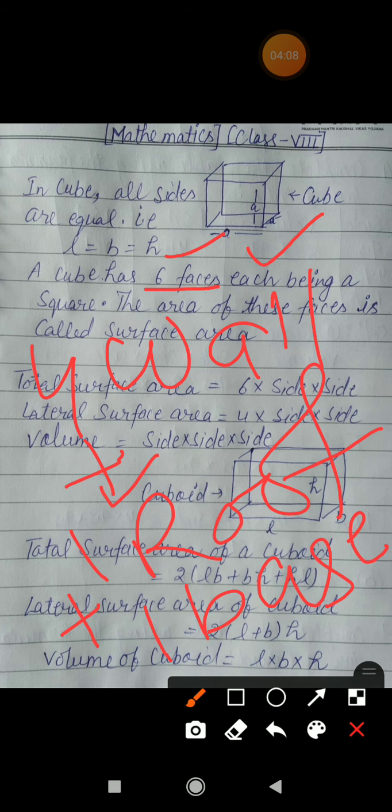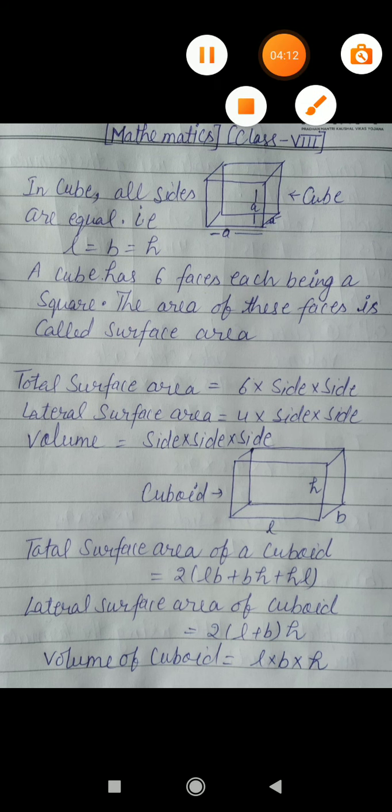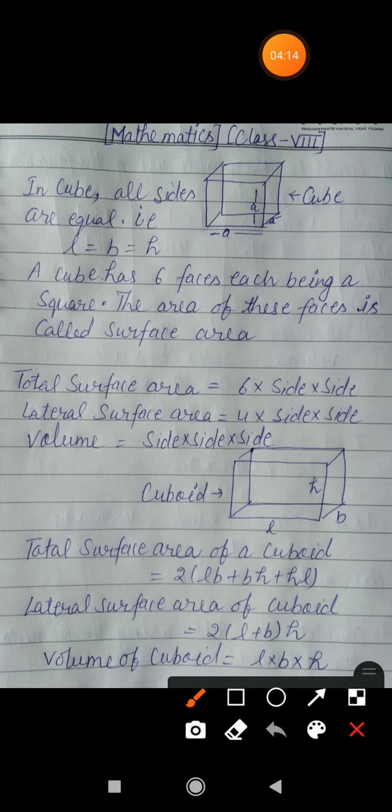Clear? Now we have to tell you the surface area. What is the meaning of surface area? Take the area of one wall in front of you. How to calculate the area of a wall, you know very well: with the help of length and breadth, the area of a rectangle is length into breadth.